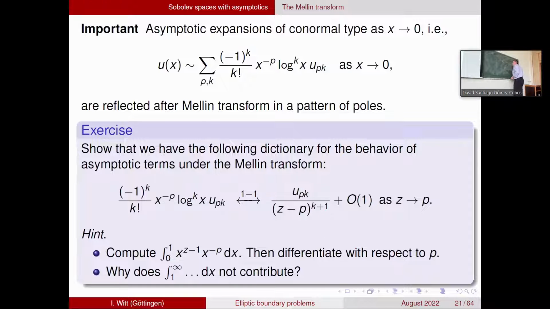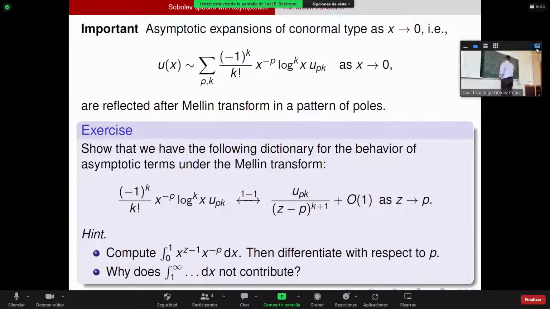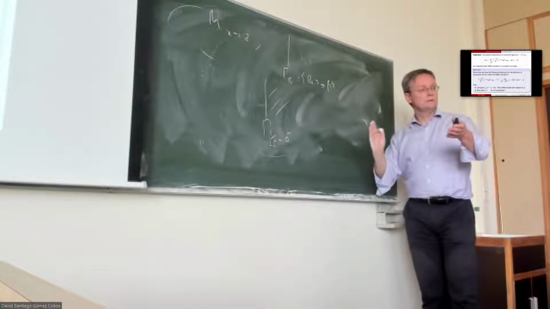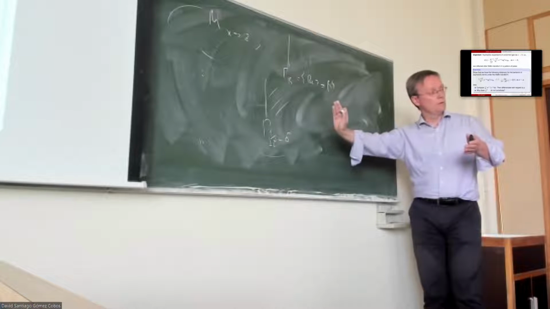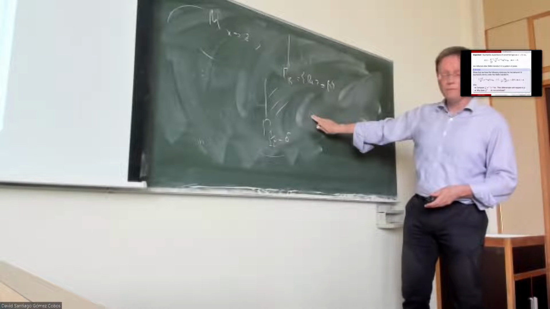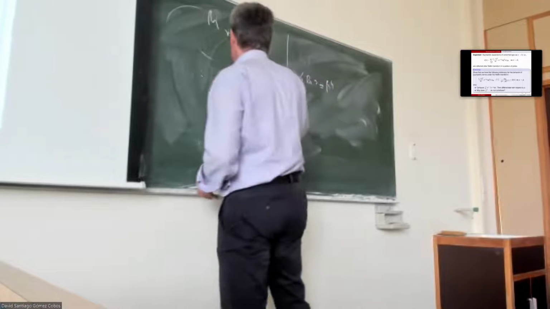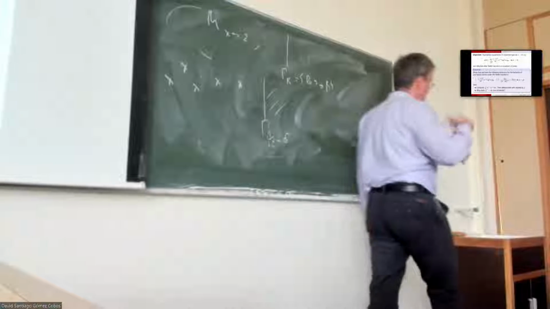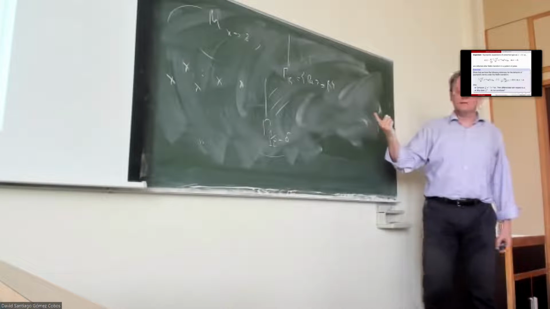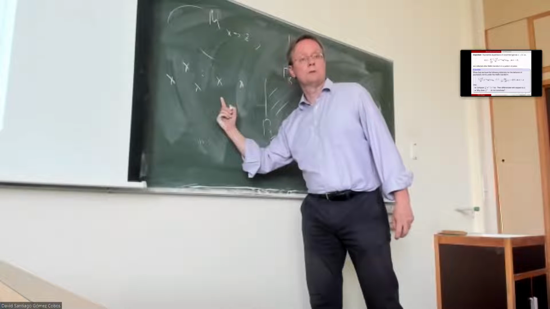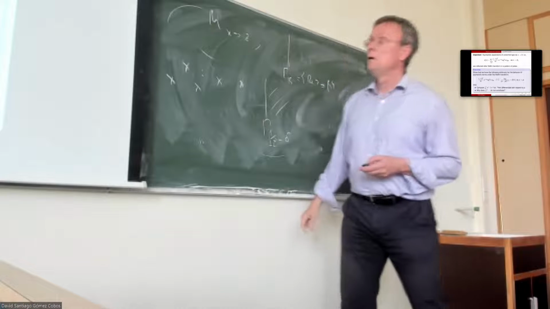So you have some basic weight lines. Basically you cut off things close to x equals 0. You don't care about what happens at infinity. Therefore, you get things holomorphic to the right of that weight line, and to the left you get poles. And the poles are a one-to-one translation. They tell you exactly what your asymptotic terms are.